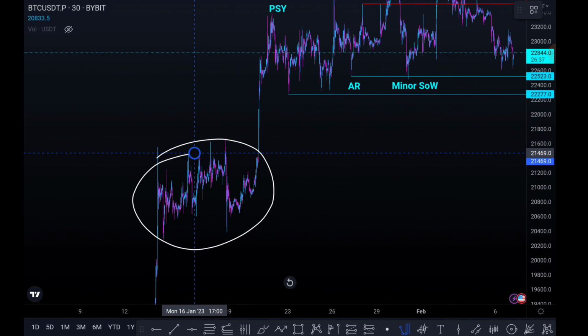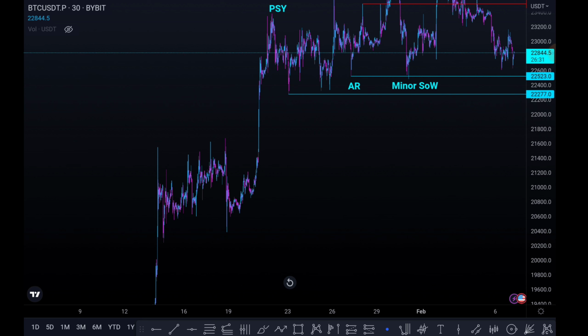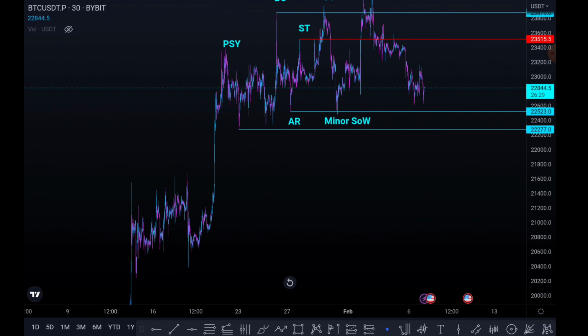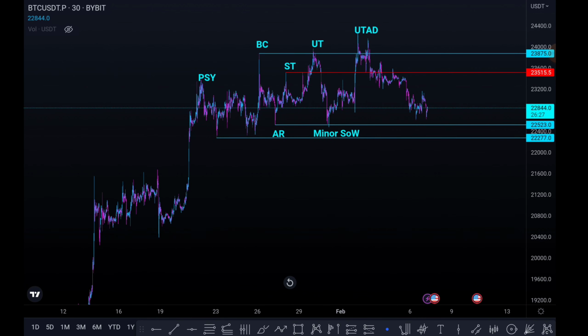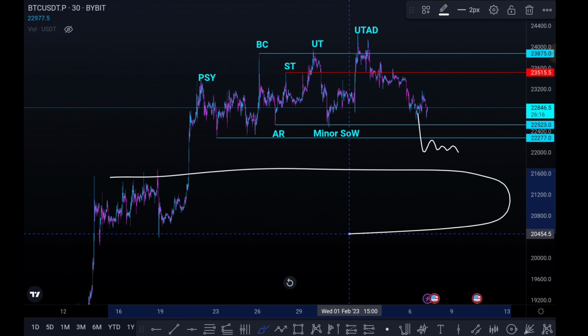However, before I go on and reveal those levels, I would like to tell you from my experience, whenever I have seen such a distribution range breakdown, what most people would look for after this breakdown is the next level of support, right? The next considerable market structure support, which I already told you is in this region, right?